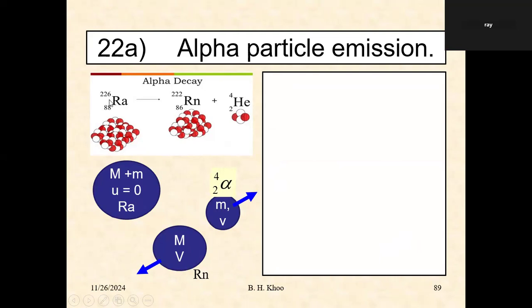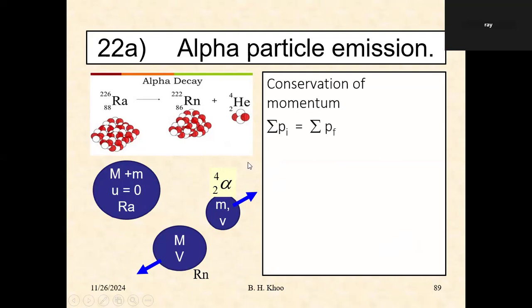There's radium, right? There's radon. Radon has a mass M and then speed V. Helium has a mass small m, speed v, and together we add them up, becomes your radium. Let's assume that initially it has no speed.